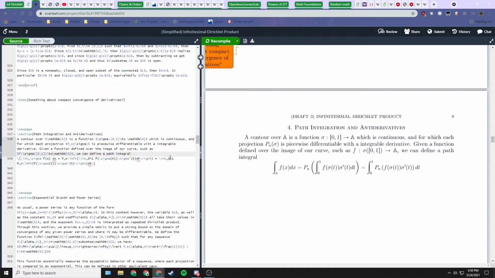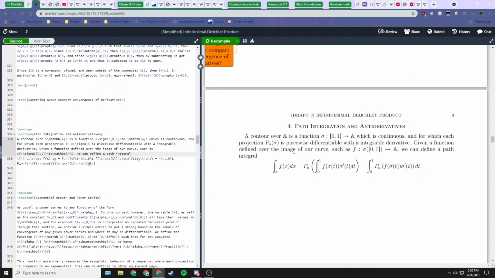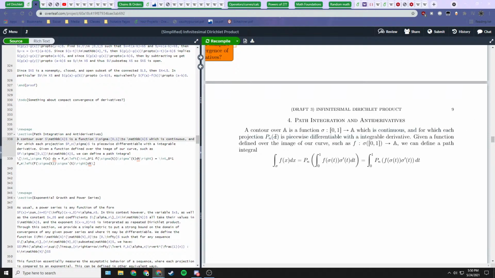We've defined our curve, which has each projection, P sub n, as a piecewise differentiable function with an integrable derivative. And actually we can go a little further.